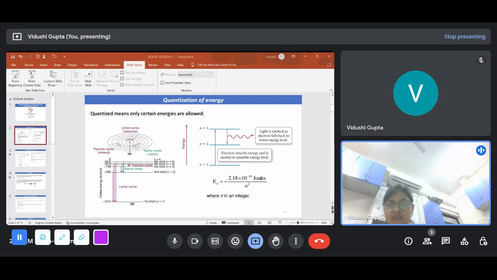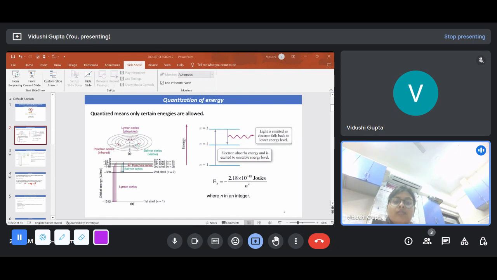So n2 is 5 and n1 is 1. 5 minus 1 is 4. 4 plus 1, 5, divided by 2. 20 upon 2, that is 10.